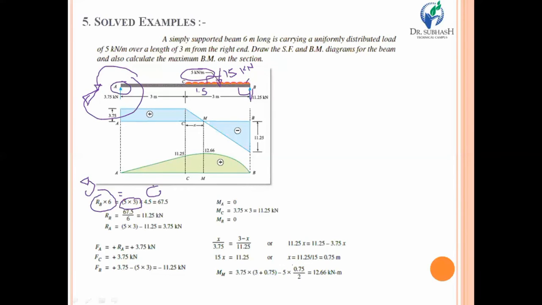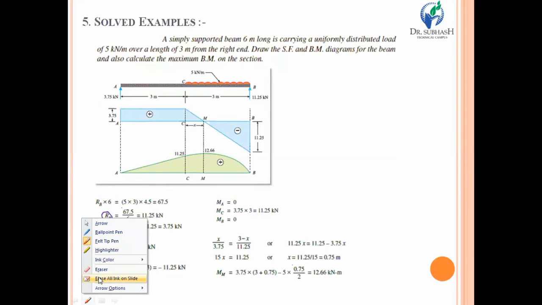So the first step is to equate the moment acting in clockwise and anti-clockwise directions. From that, you find the reaction at support B first, and once you have the reaction at support B, you can easily calculate the reaction at support A.